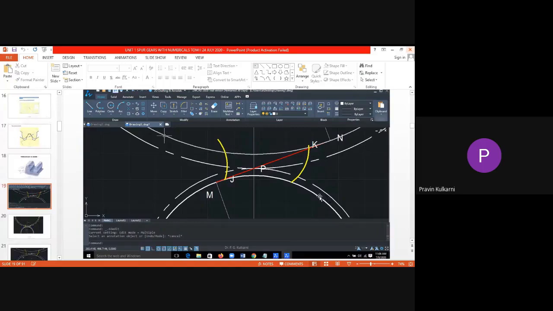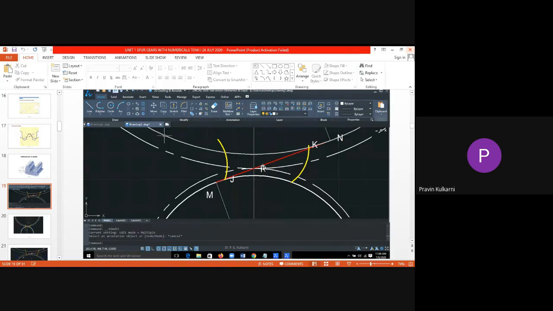The envelope profile will not lie inside the pitch circle. In case of non-conjugate action, the velocity ratio does not remain constant. Law of gearing states that the common normal to the working profiles at the point of contact must pass through the pitch point.